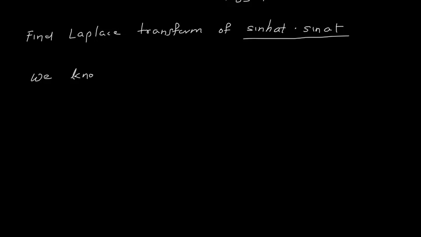I will say that we know this sine hyperbolic at is equal to e power at minus e power minus at, whole divided by 2. This is sine hyperbolic at. So I have to find the Laplace transform of sine hyperbolic at into sine at.